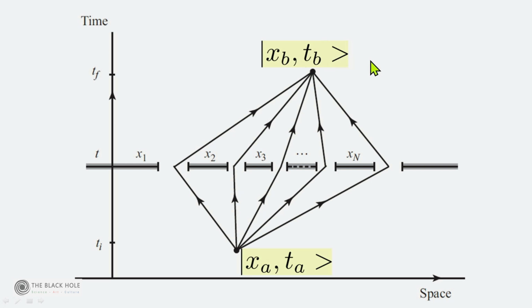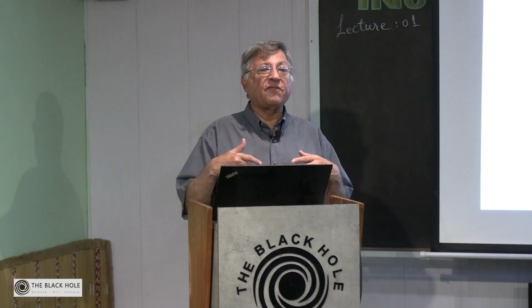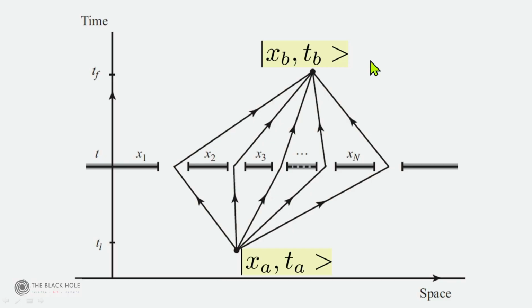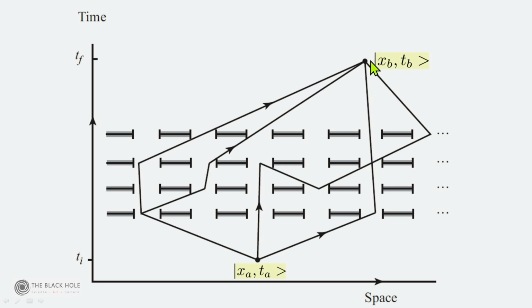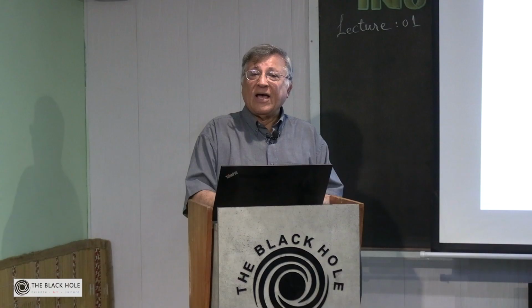And now it's not 2 slits, it's 1, 2, 3, 4, 5 slits. I could make it 50 slits, or 5 million slits, or 5 billion slits. But even more, I can put not 1 slit, but 2 slits and 2 billion slits. So you can see that an electron which starts out at this point can go to this point by how many ways?